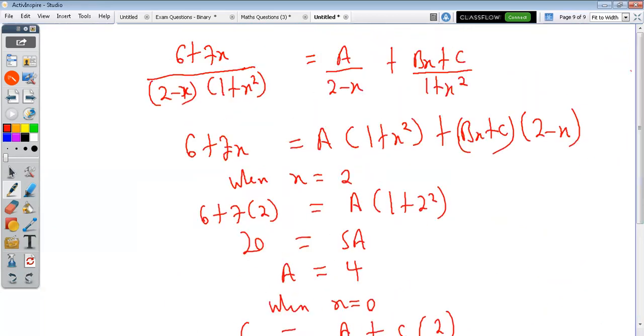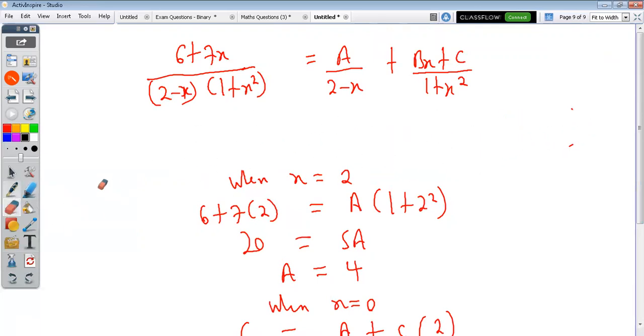So now, which means this is the same as 4 over 2 minus x plus b is 4x plus 1 over 1 plus what? X squared.